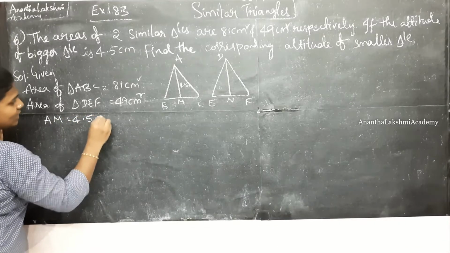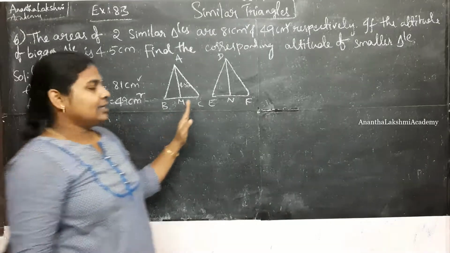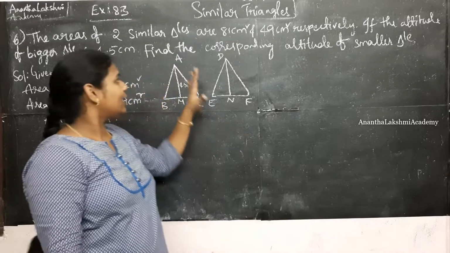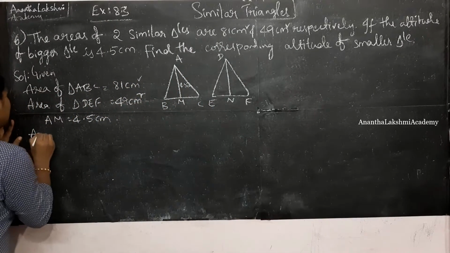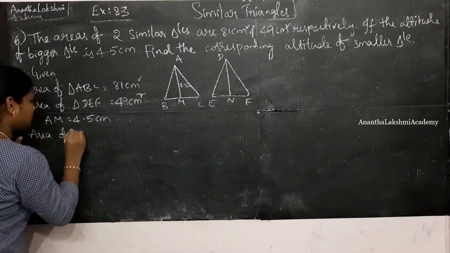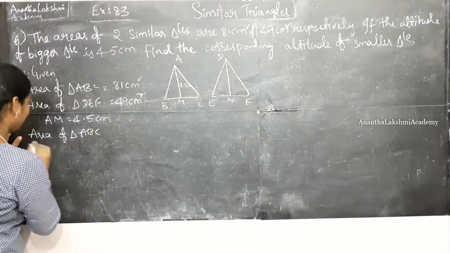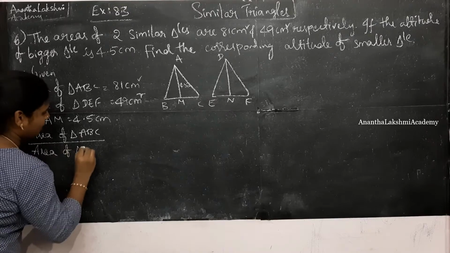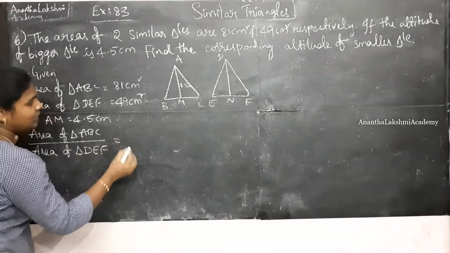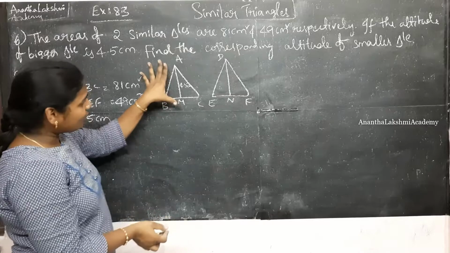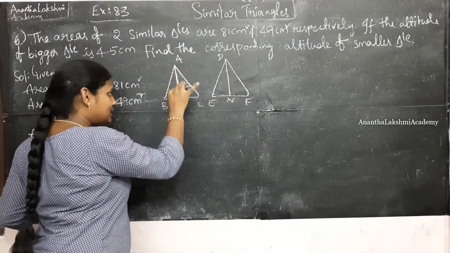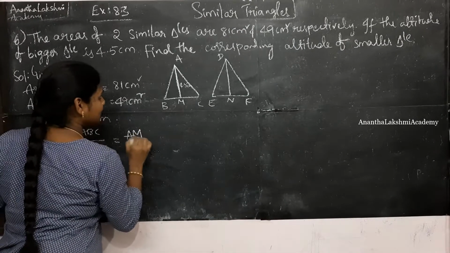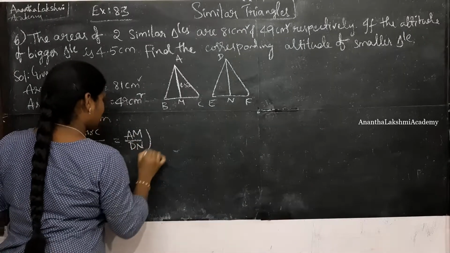Now, how do we determine this? We have known the areas of similar triangles formula, the same thing. So, area of triangle ABC by area of triangle DEF is equal to side square. Now, I am going to consider this side, which is nothing but AM by DN whole square.